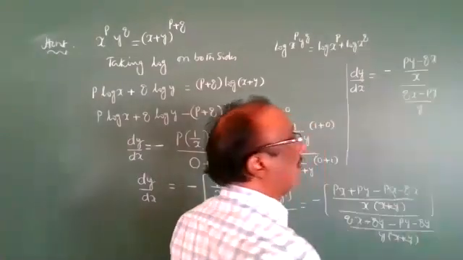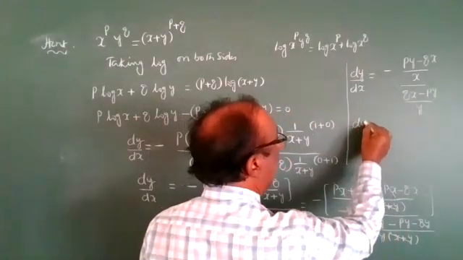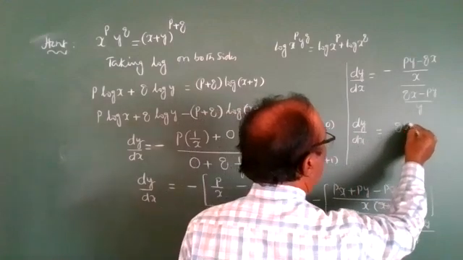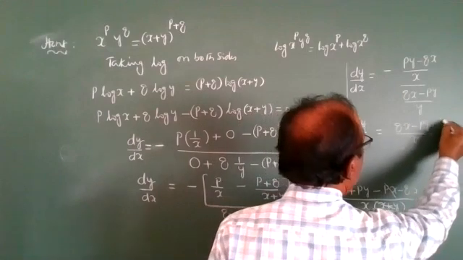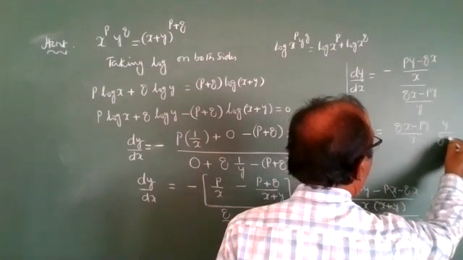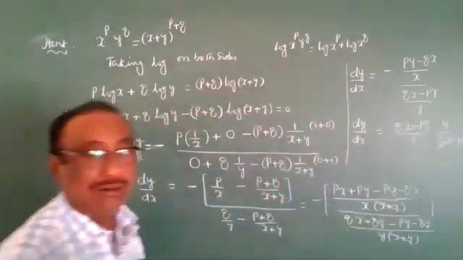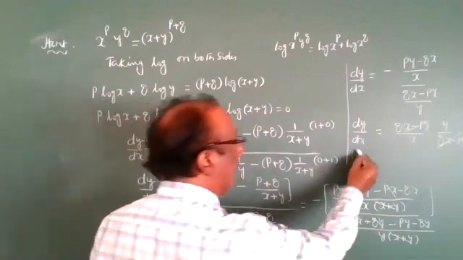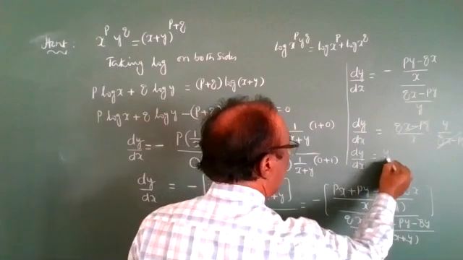Multiply with minus and reverse the order. dy by dx is equal to (qx minus py) by x, times y by (qx minus py). Both are cancelled. What answer are we getting? y by x. dy by dx is equal to y by x.